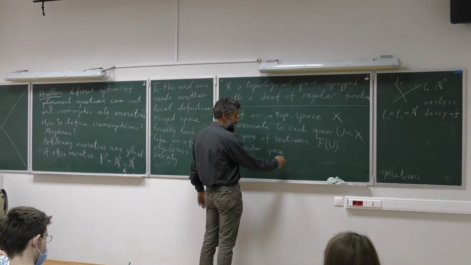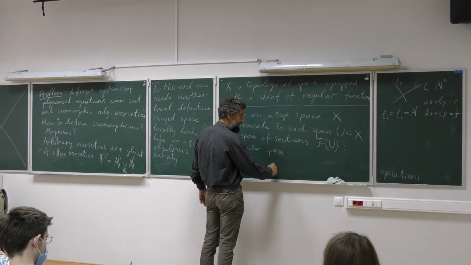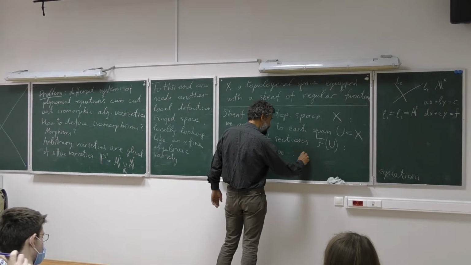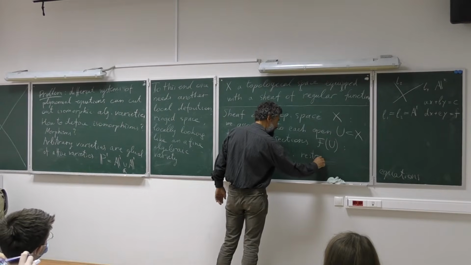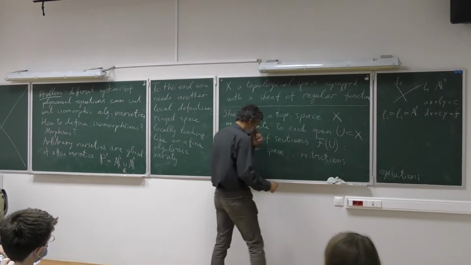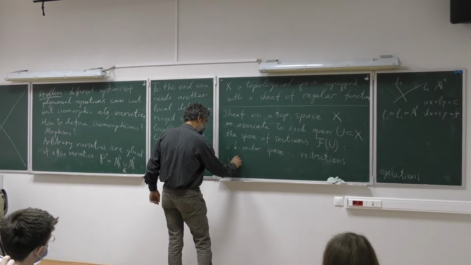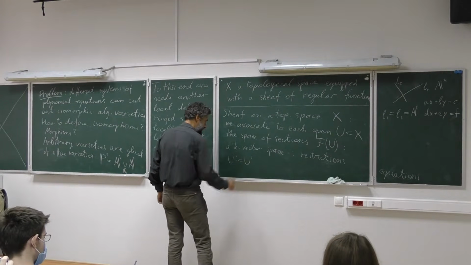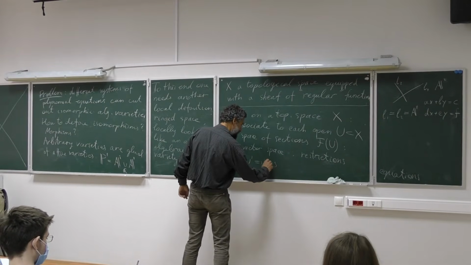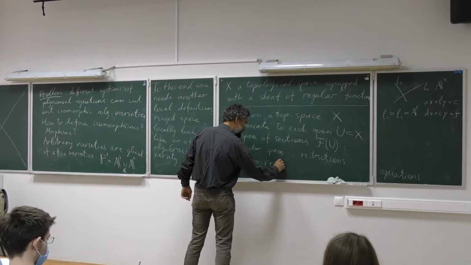And then we have the following requirements. So restrictions. First of all, you can restrict sections. If U prime is smaller than U, then you have restriction from U to U prime.